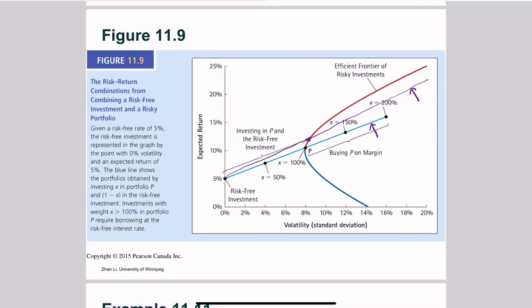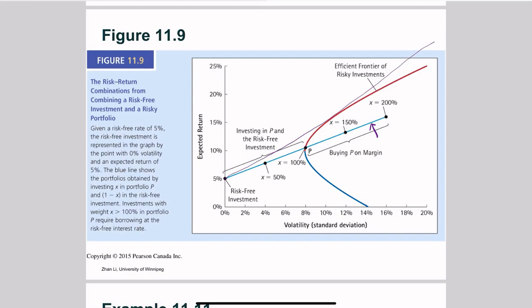And you can see that you can continue to do this movement. What you basically want to do is pivot this straight line in the counterclockwise direction. So you can see that if you have a line like this, you will be even better.